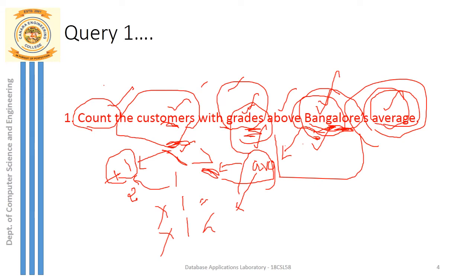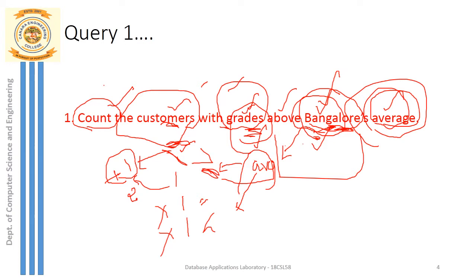Let's see query 1. Count the customers with grades above Bangalore's average. Here we are going to just see the customers table and the corresponding city of the customer.